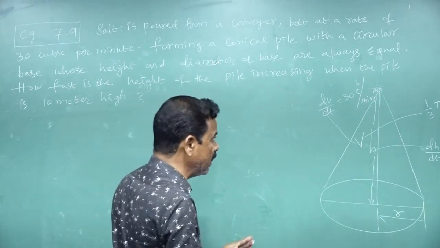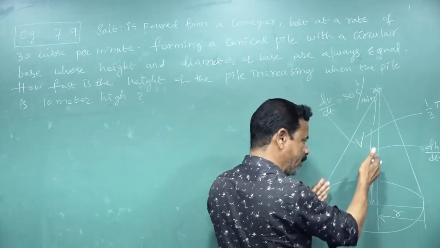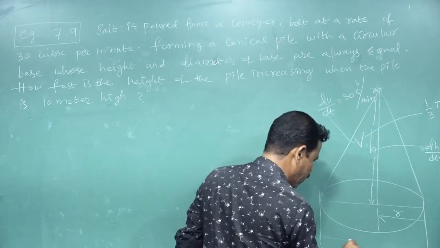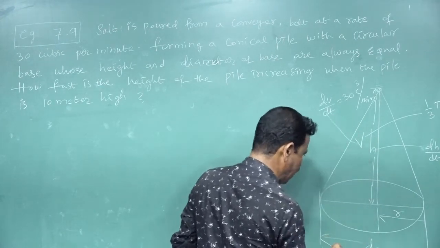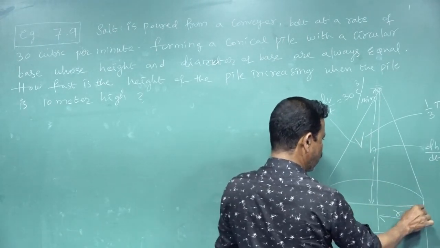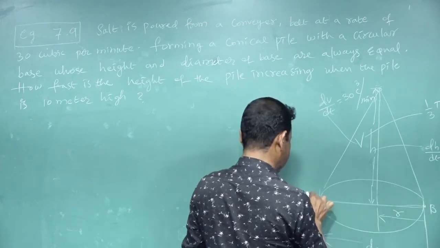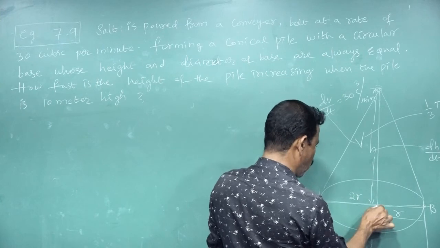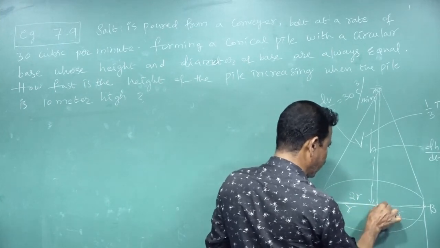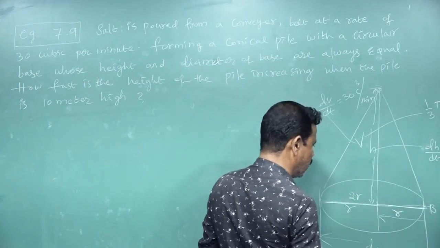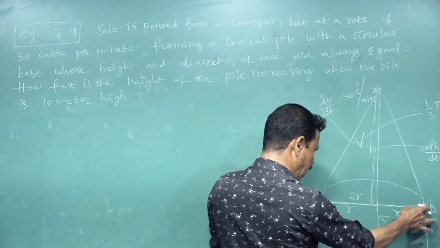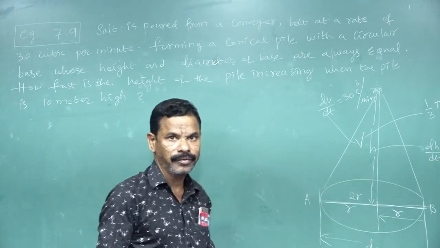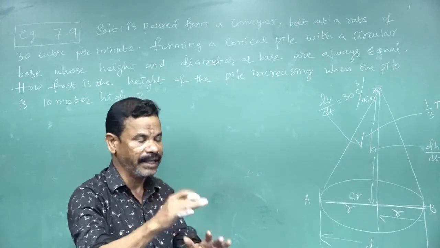The cone height is h and the cone diameter is d, from here to here. Suppose this is point B, and AB is equal to 2R, so from here to here is R and here to here is R. The diameter means the base, and the base is equal to the height, given. That means diameter is equal to height.